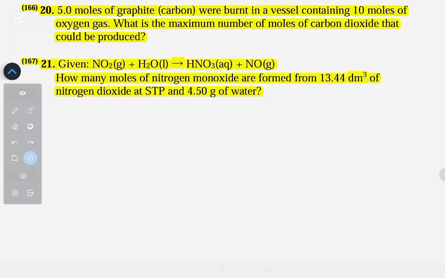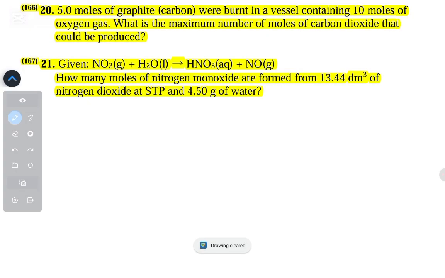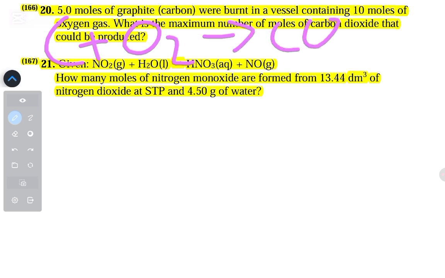Okay, so what do you have? I'm gonna write the equation. C plus O2 gives you CO2. 5 moles of graphite were burned in a vessel containing 10 moles of oxygen gas. What is the maximum number of moles of carbon dioxide that could be produced? Again, what did they give you? 5 moles of graphite and 10 moles of oxygen gas.